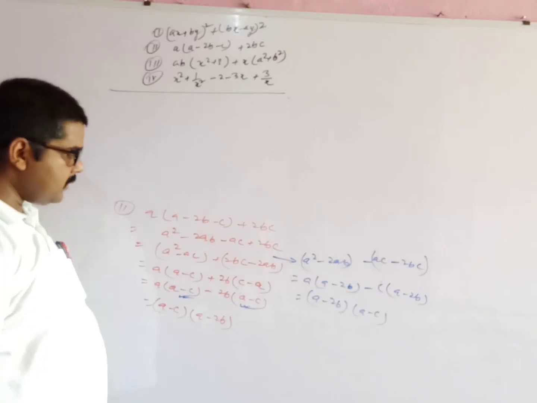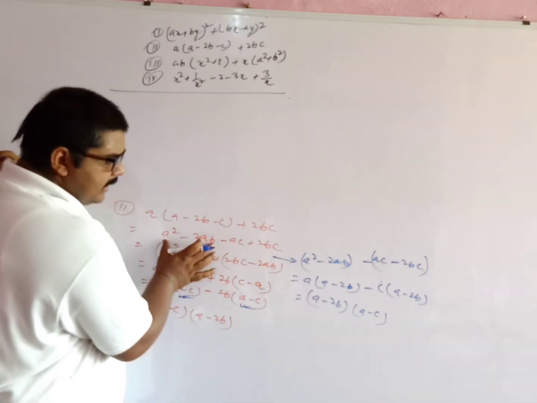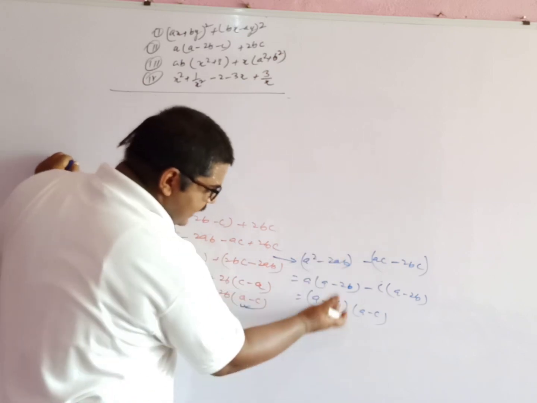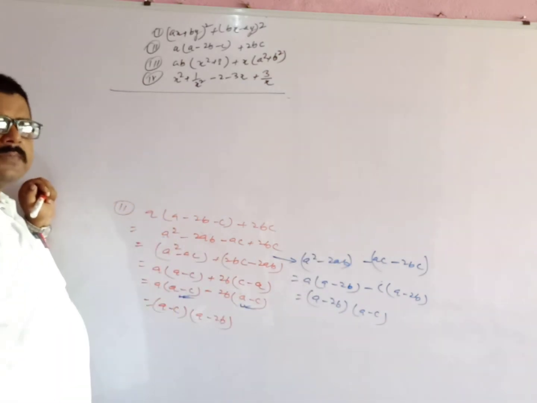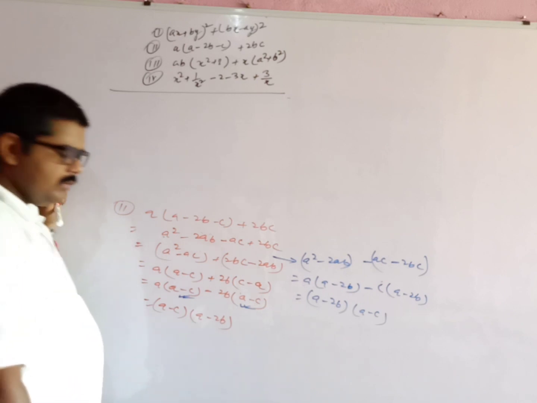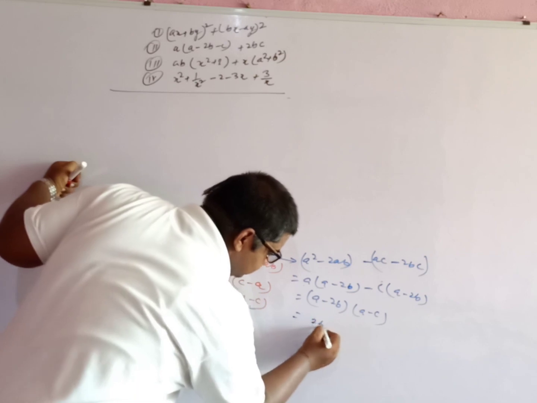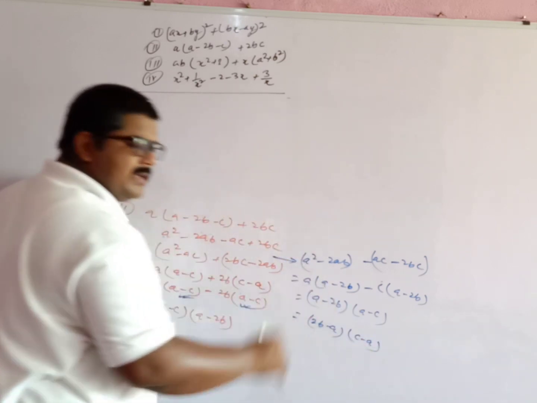Some students can solve by taking these two as a group and these two as another group, and it can be solved this way. So the same question can be solved in a different way. One thing also, in the results it may be given in the book as 2b minus a into c minus a. It may be given in some books.